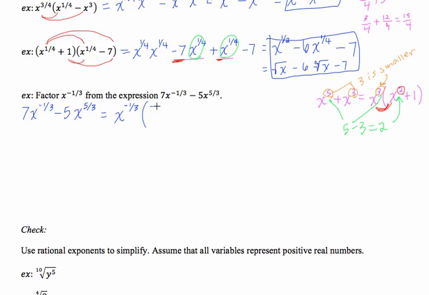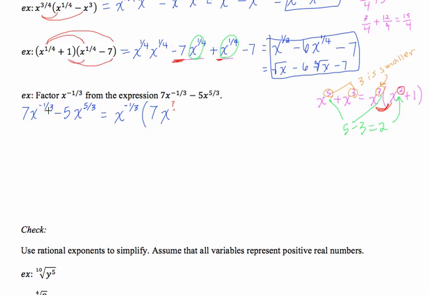The first term obviously is going to have a 7 in it. And it'll be 7 times x to some power that goes right there. So let's see if we can figure out what power that is. Again, you could do this method up here and subtract and do that power minus the power that you're factoring out to get the power that goes here. I think that'll be the easiest way.